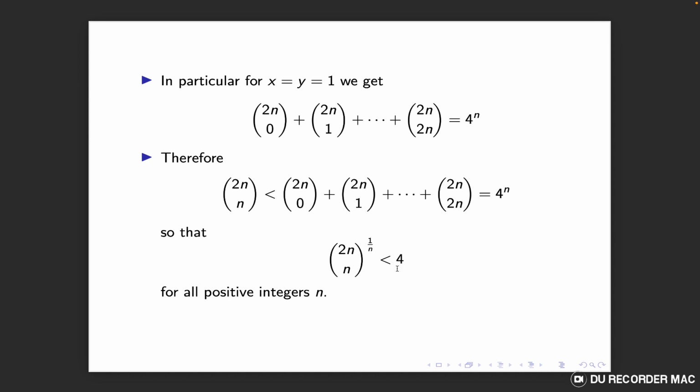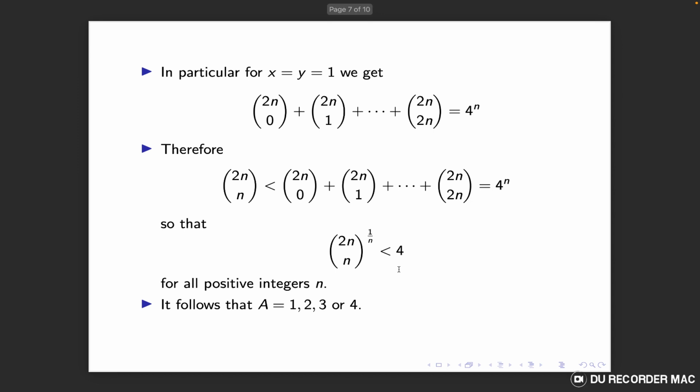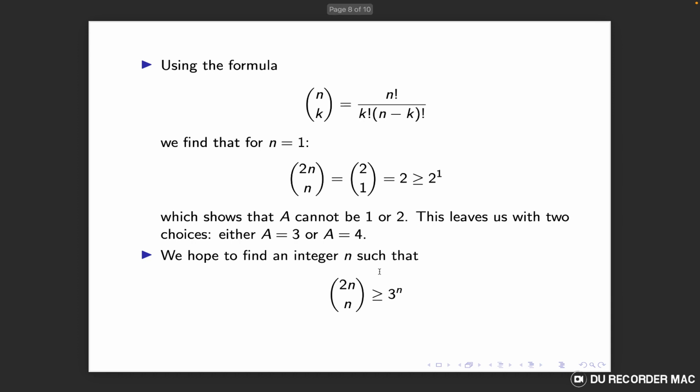So at this point, since we are looking for the smallest positive integer, we have either a equals 1, 2, 3, or 4. So these are the integers that could bound this 2n choose n to the power 1 over n from above. Now let's compute a couple of terms. Remember the formula, n choose k equals n factorial divided by k factorial times n minus k factorial.